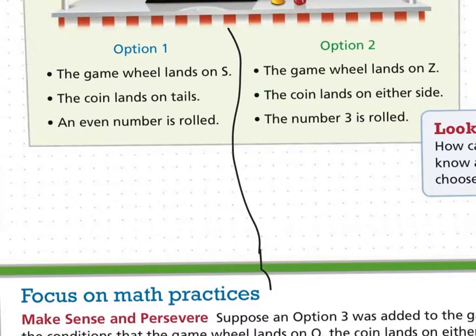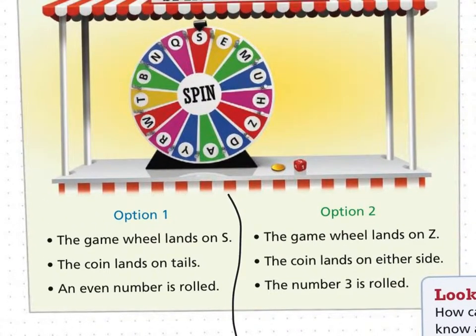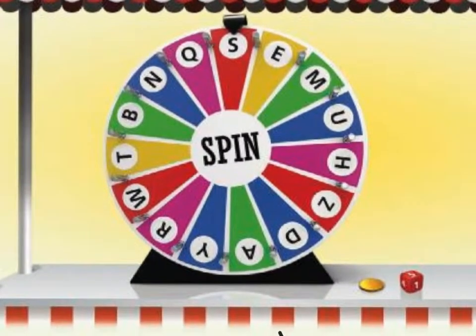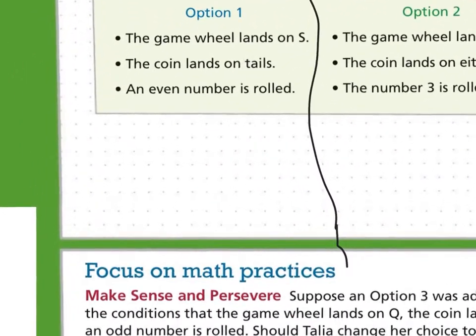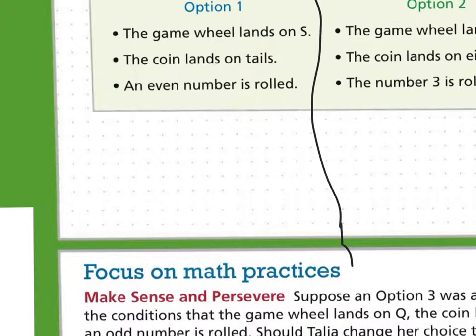So on the wheel, for option 1, we want to get an S. There's actually only one S on the whole wheel, and there's a total of 15. Looks like more than that, but anyway, there's only 15. So the probability of landing on an S would be 1 out of 15.